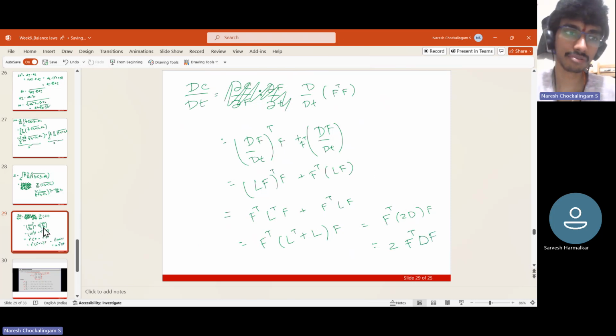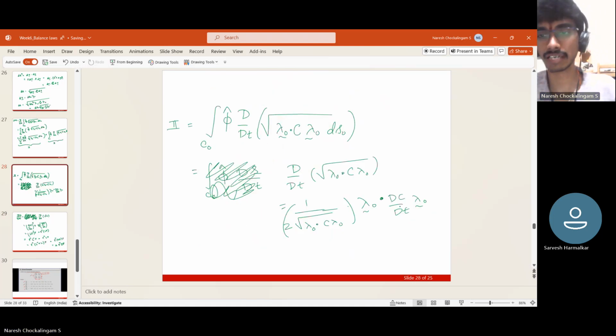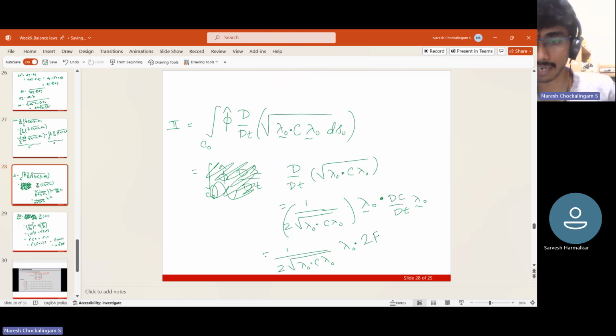Plug this into this one. So dC by dt gives us 1 by 2 square root of lambda naught dot C lambda naught, times lambda naught dot 2 times F transpose D F lambda naught. And what do we have here? There's a ds naught here.